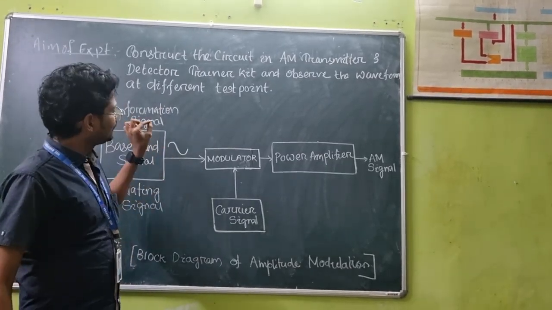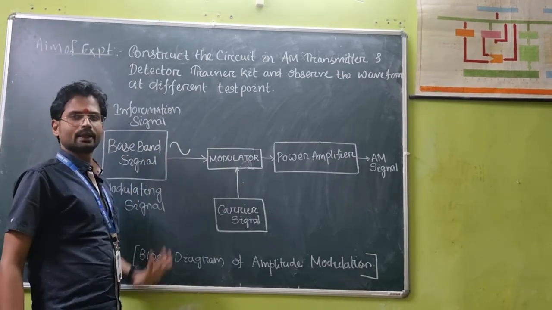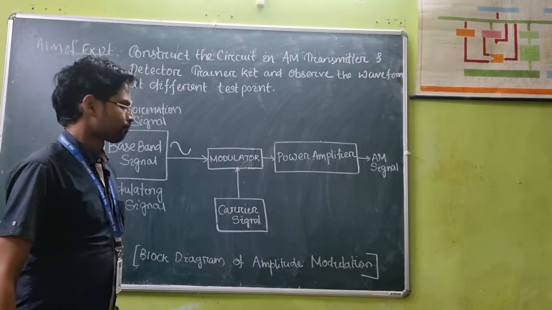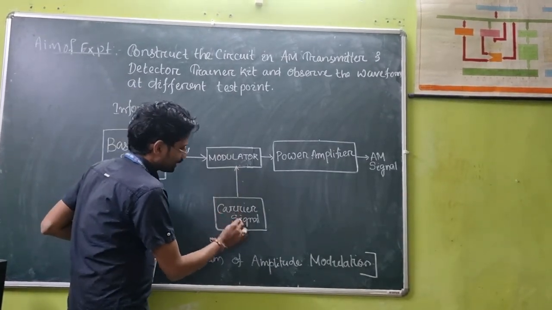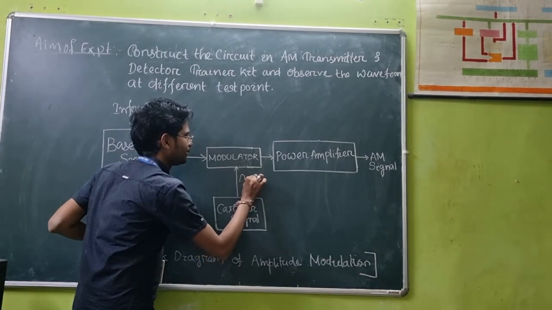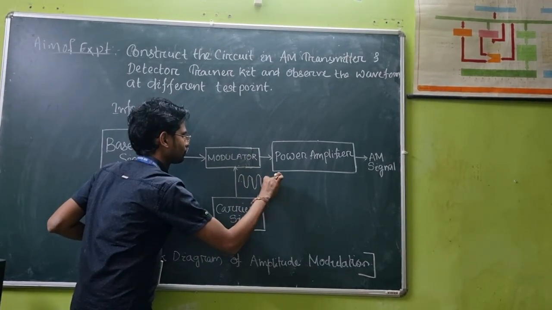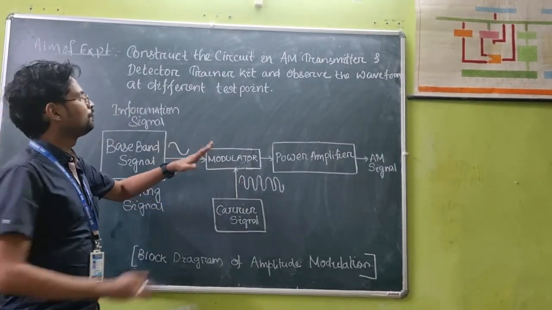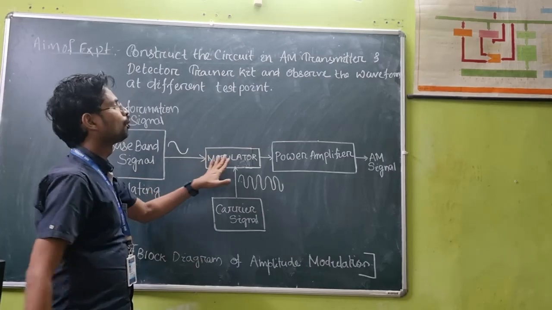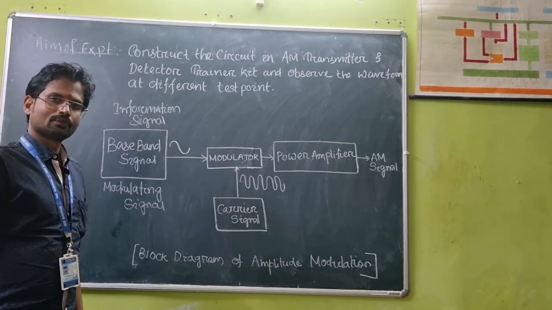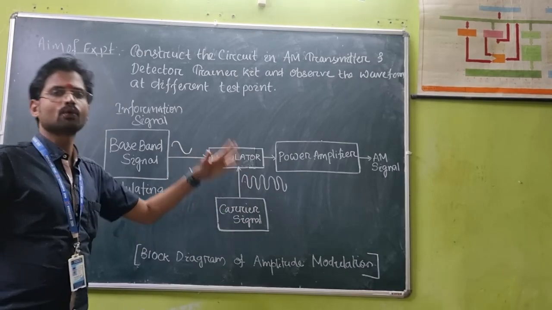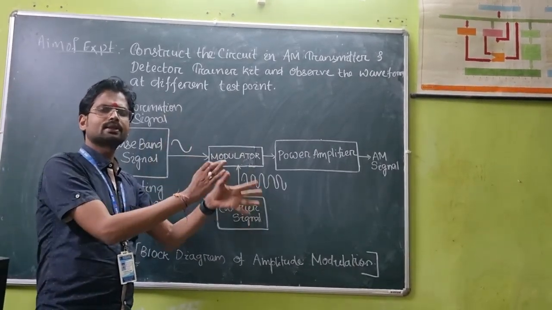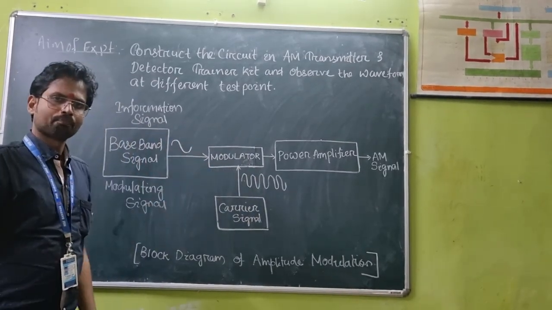Now the information signal is sent to the modulator, where the modulation process will be done. The carrier signal is a stronger signal, not a weak signal. These two signals will be modulated at the modulator, whether it may be a single sideband or a double sideband signal. We already discussed the double sideband and SSB signals in the theory class.